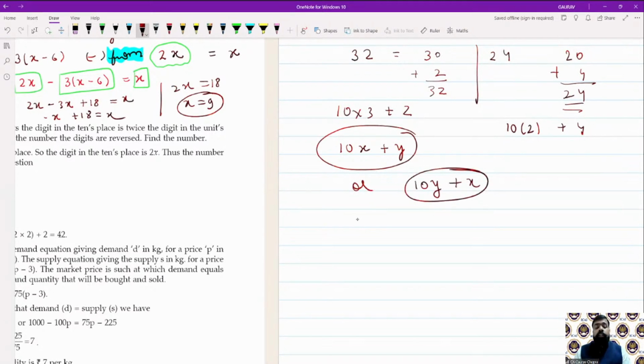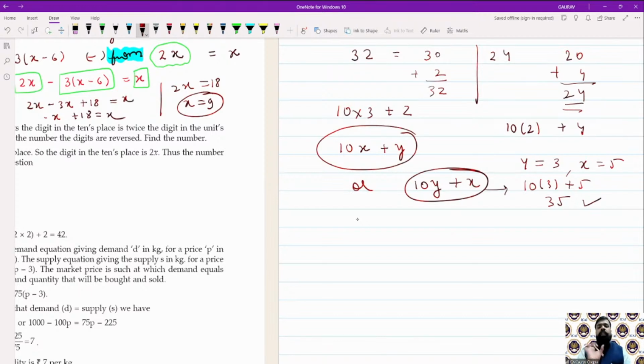So whenever there are two values, we can write 10x plus y or 10y plus x. Now, if the value of y is 3 and x is 5, we can input here. So we will get 10 into 3 plus 5, that is 35. So 35 will become the number.